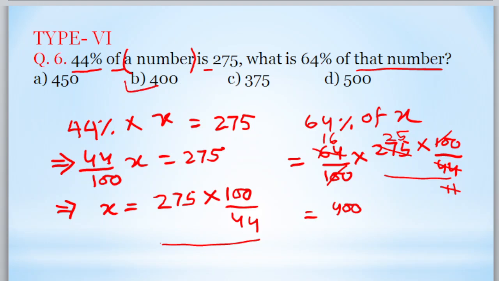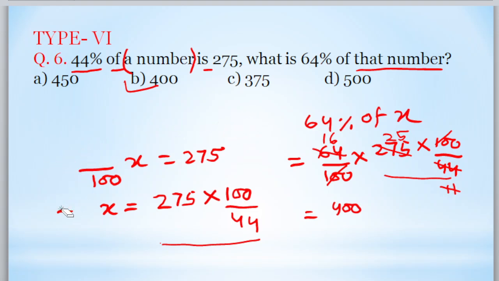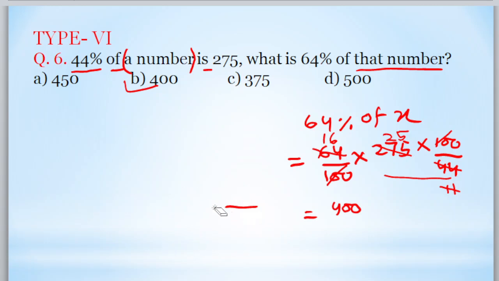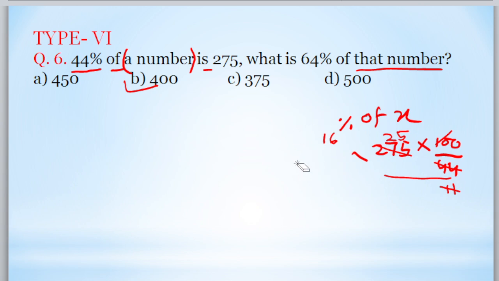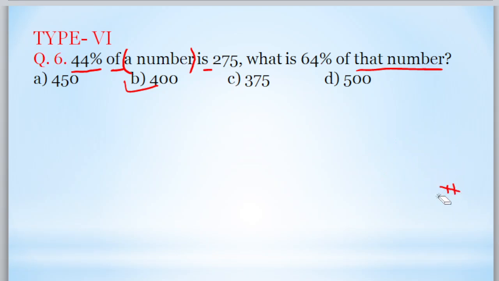Now listen, in another way we can also solve this question. 44% of a number is equal to 275.